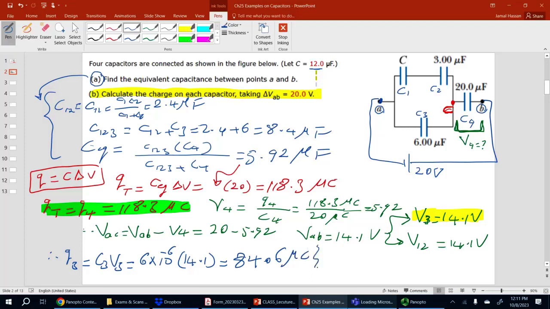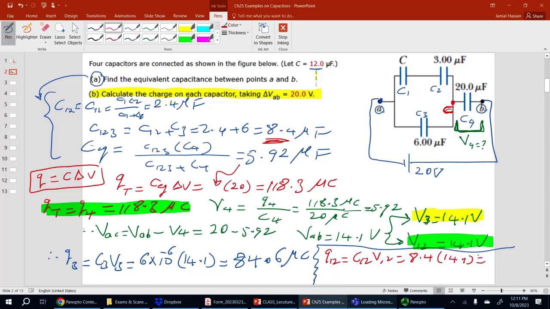So the last part is to find the second part. We have V12, we have C12, so we can find Q12. Q12 is equal to C12 times V12, where C12 was 8.4 and voltage is 14.1, so 8.4 times 14.1, 118.